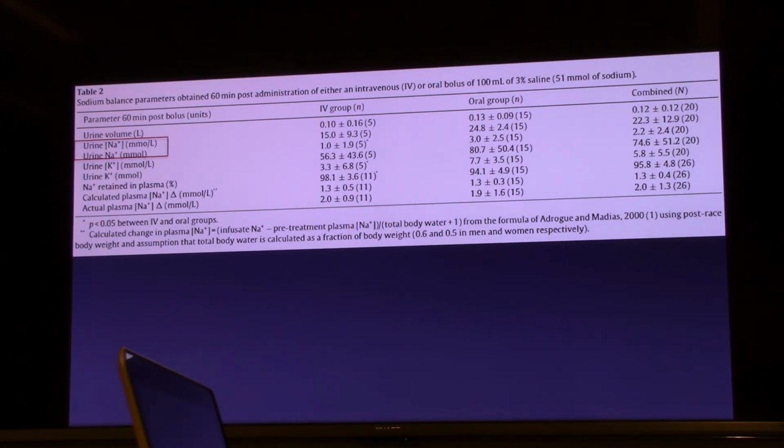This makes sense considering that there was more plasma expansion in the IV group, so basically a bigger tank to fill. It makes sense that the eventual change in sodium concentration was not different between either group, at about a 2 millimole per liter increase.